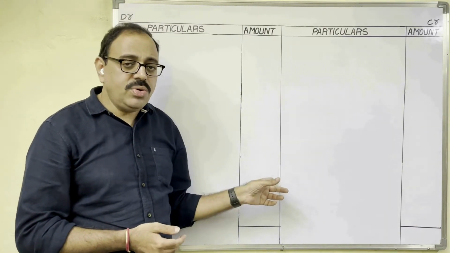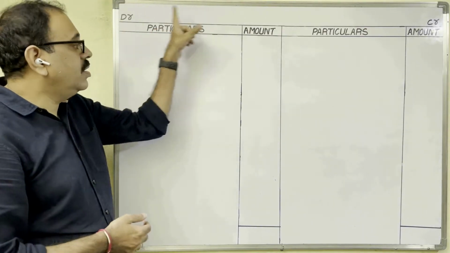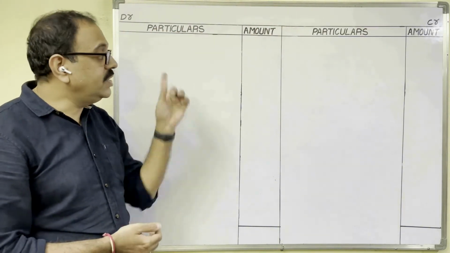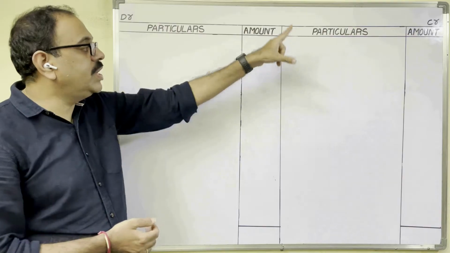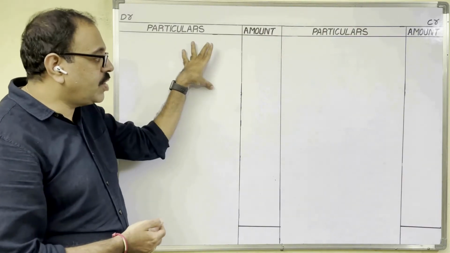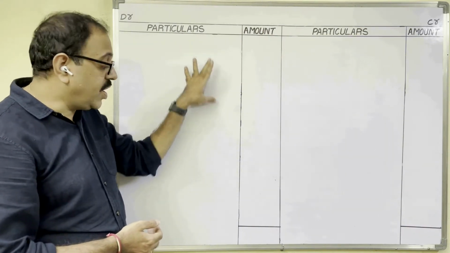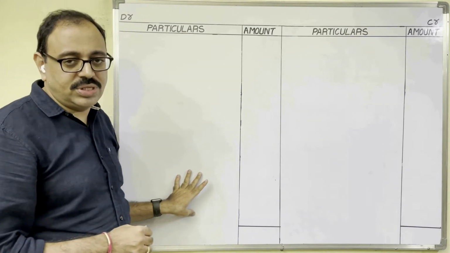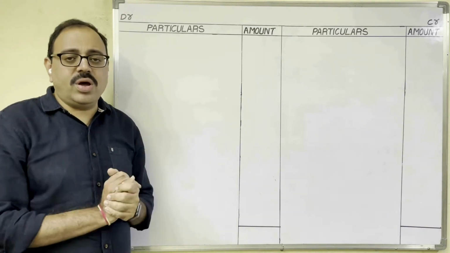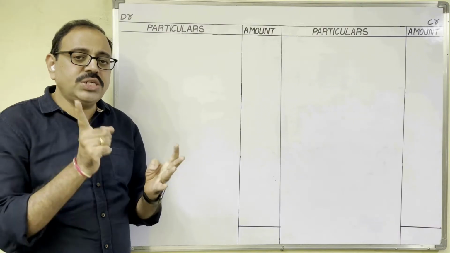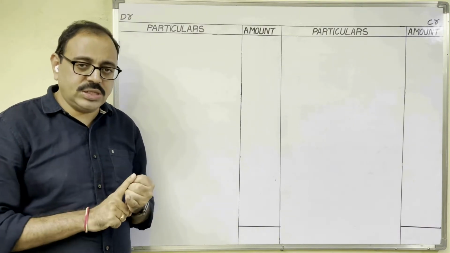These two are accounts now. Therefore, debit, credit symbols we have to write. And this is a format. Particular amount, particular amount. First trading account we prepare. Then continuation is profit and loss account. In trial balance, debit column, he gives expenses, losses, assets, drawings.